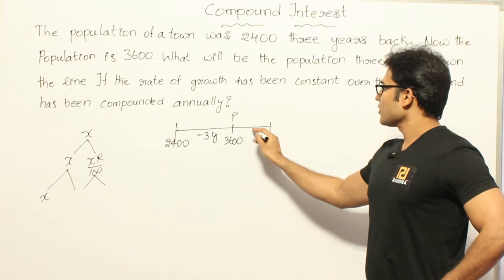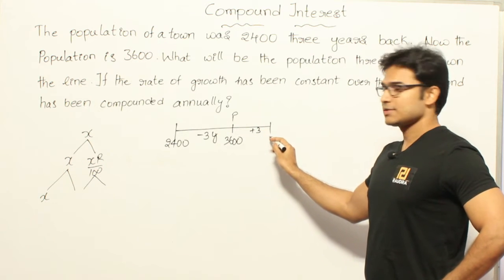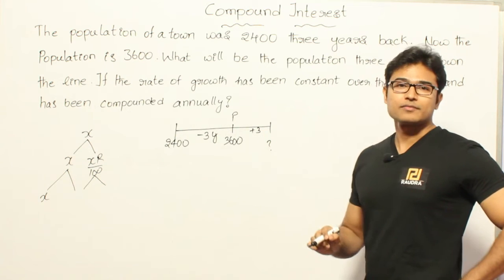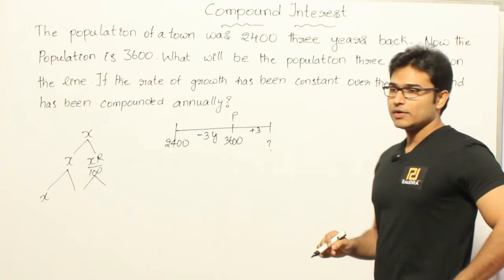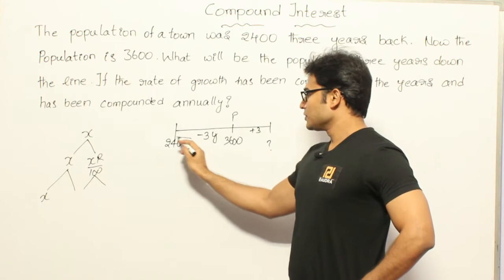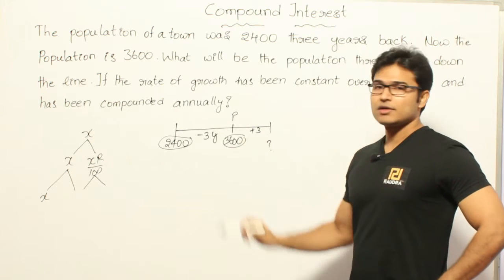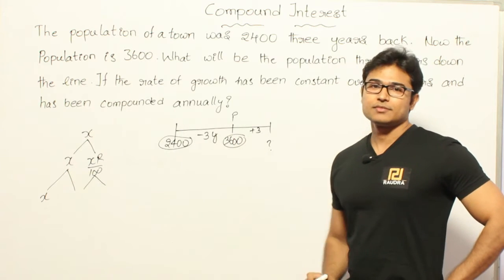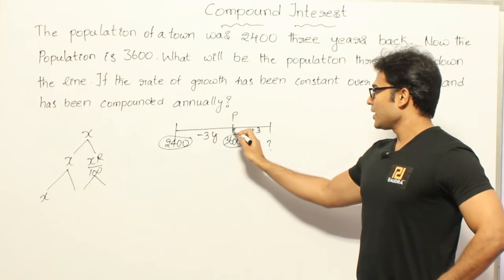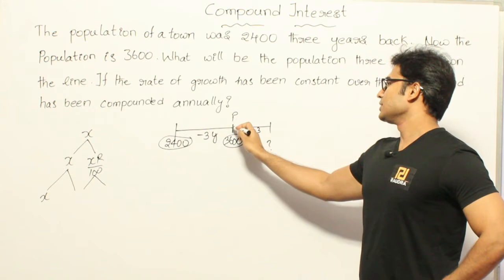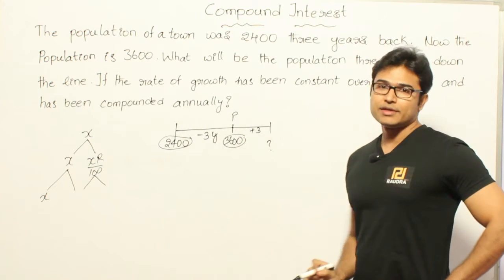Now they are asking what the population is after 3 years. So in order to solve it, you can assume that this is the principal amount and it has grown to this amount in 3 years and the rate is constant, and now they are asking about what is the amount after 3 years from there.